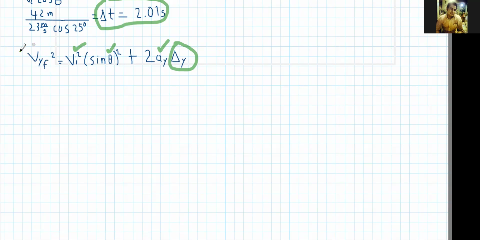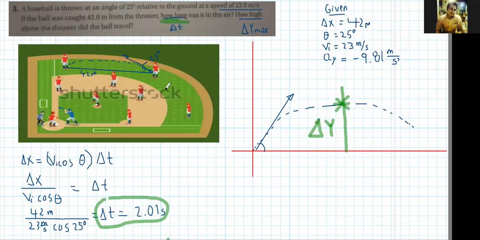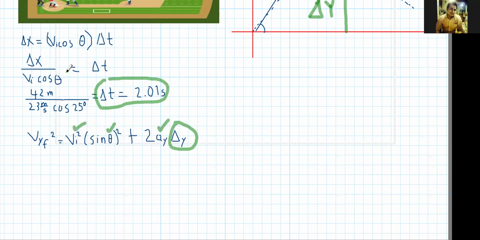Okay, so in this case, we don't have it, but remember that the situation is that we have a player that throws the ball with this velocity, but after 2.01 seconds the other player catches it at 42 meters. So what happened with this vertical velocity after 2.01 seconds?